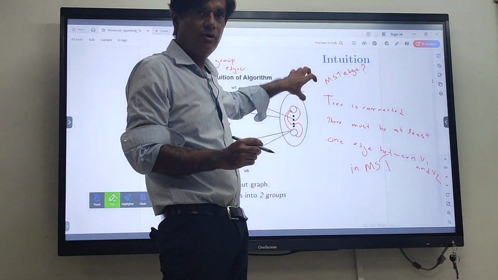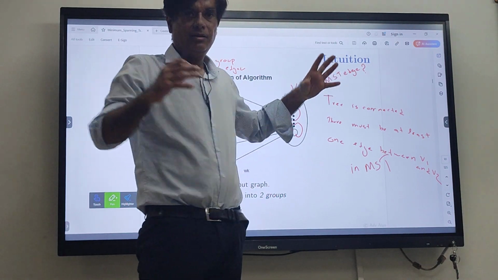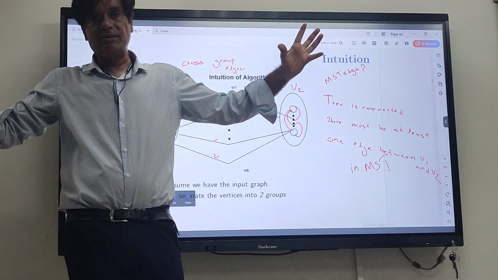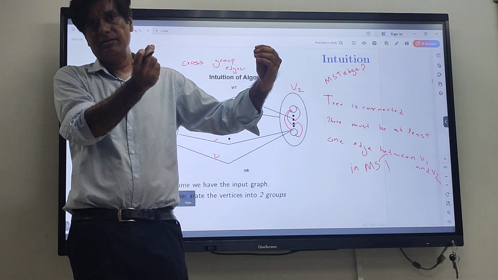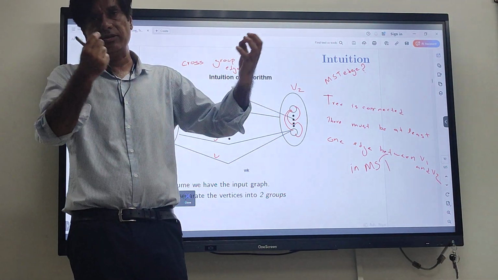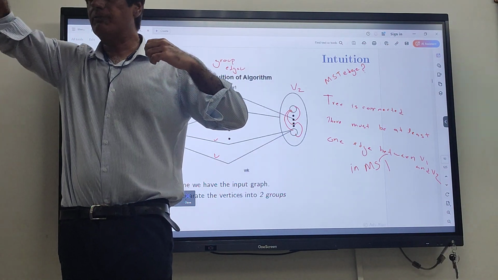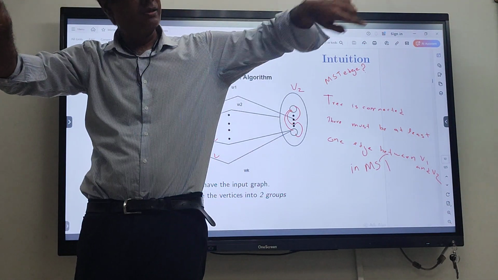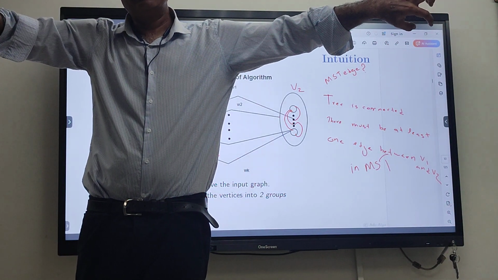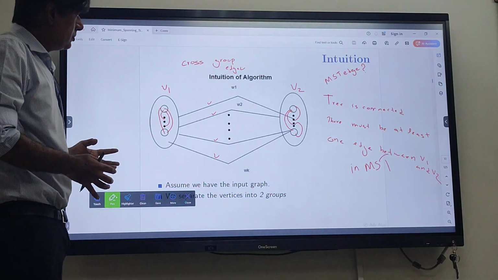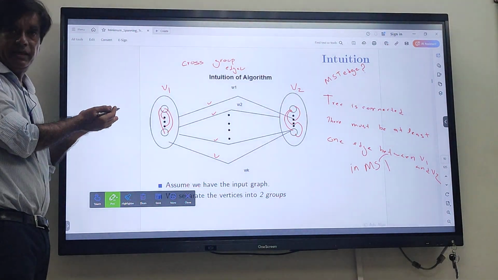These nodes will also be connected in some way. But these two groups will also be connected by at least one edge, right? We need one edge to connect any group because there's always a path from a vertex to another vertex. It's not a disconnected graph. Okay? So we have to include one edge.